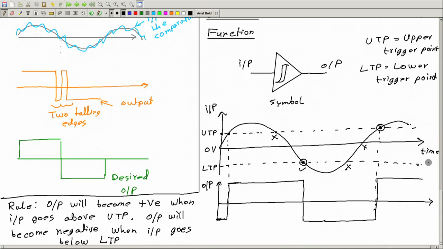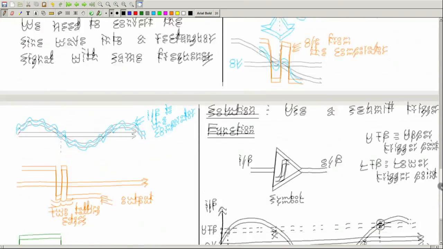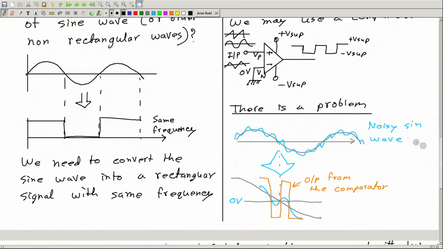Okay, so for a normal comparator which we used before with an op-amp, output depends only on whether the input is positive or negative. So it compares with only one value. In this case, this is 0 value.